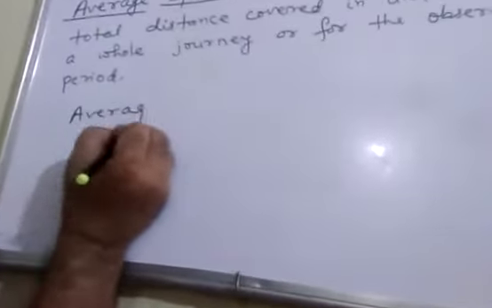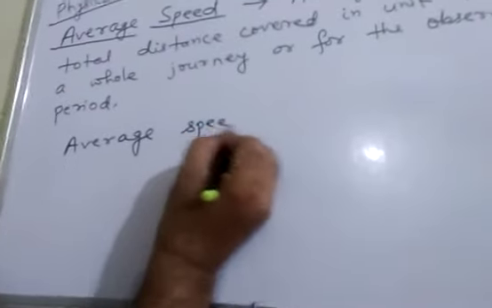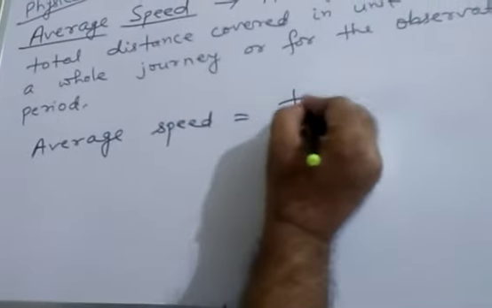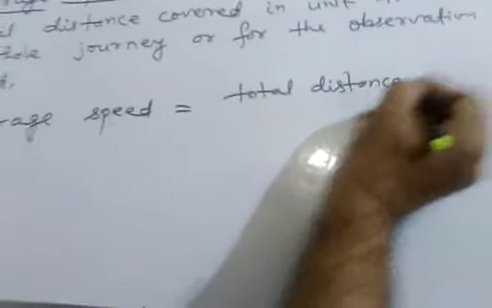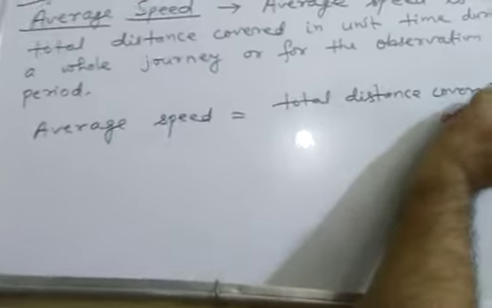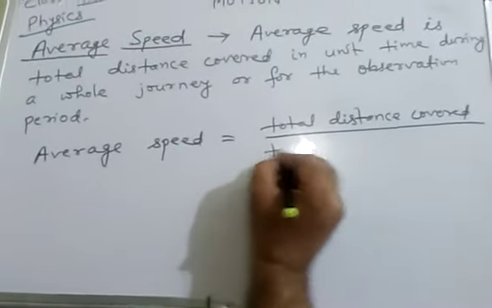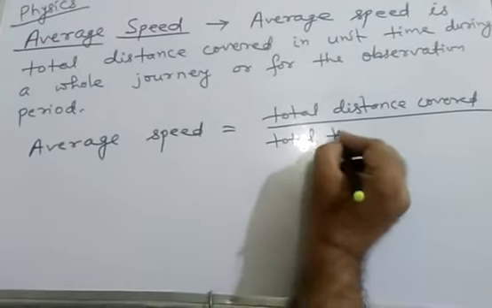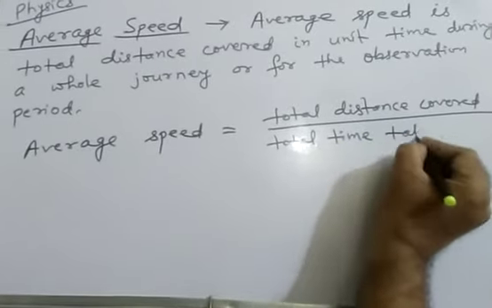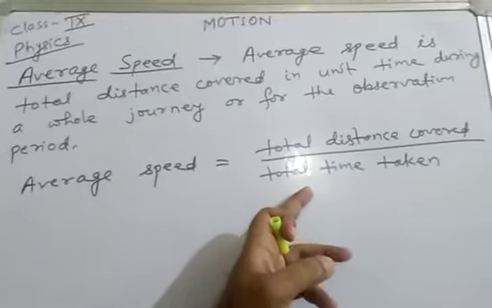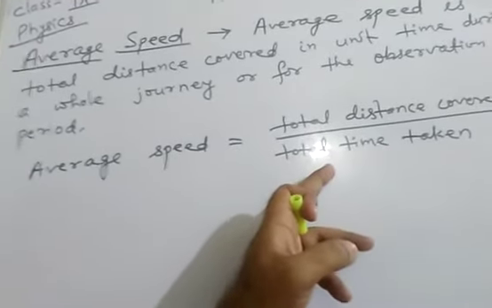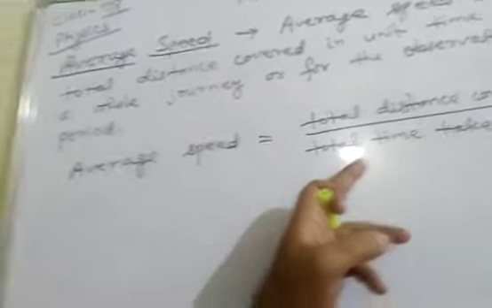So mathematically we can write the formula: average speed equals total distance covered by total time taken. In this way, you will get the distance traveled in unit time for the whole journey.